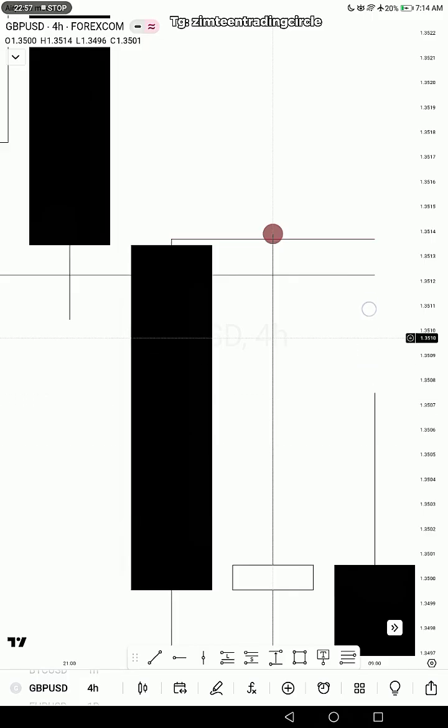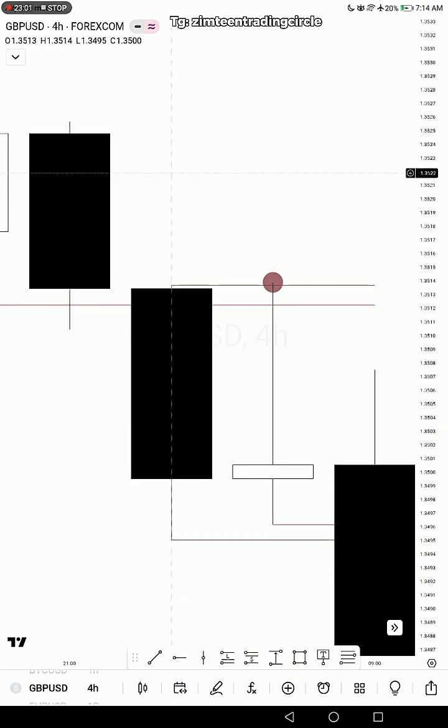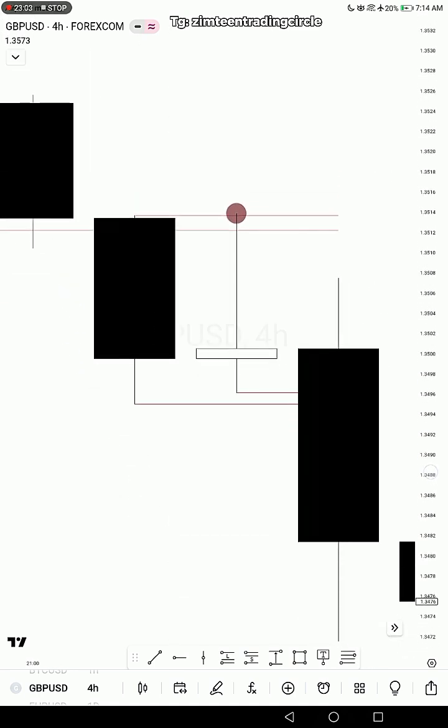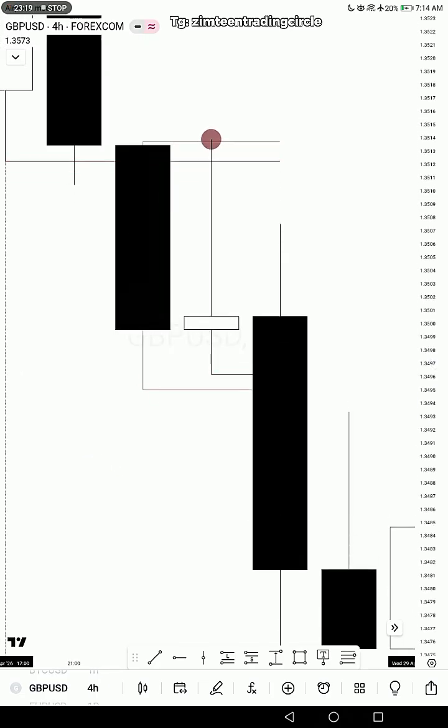So right here, 159. Hope you are flowing. Now projecting it on the lower time frame, the 5-minute time frame.